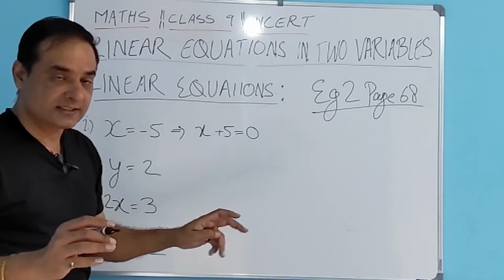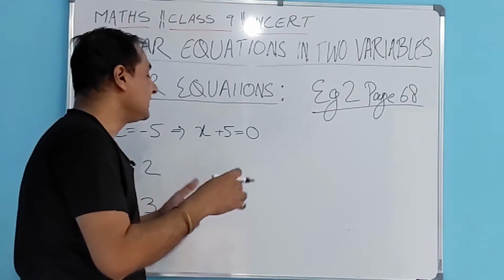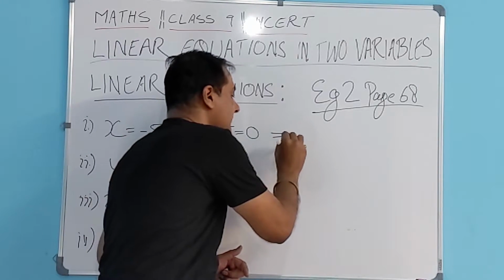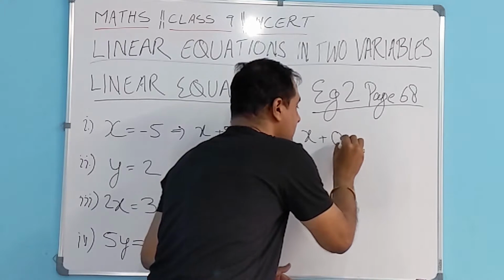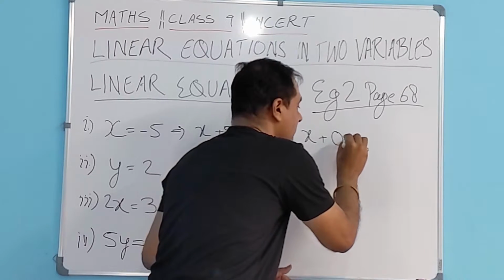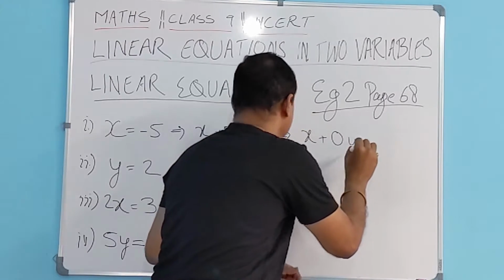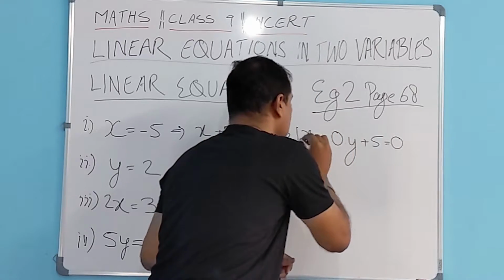Actually, there isn't. But if we have to write that, how we can do that? We can write that multiplying that by 0. So how we can do that? Let's see. x plus 0y plus 5 equals to 0.